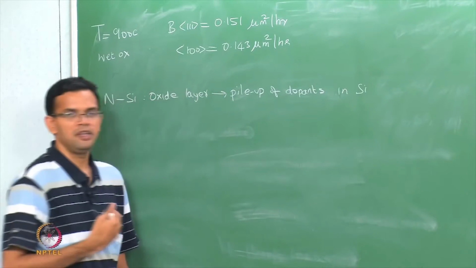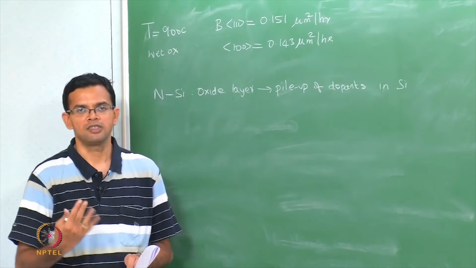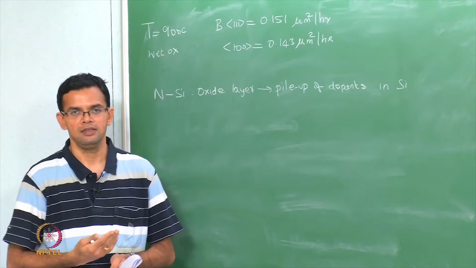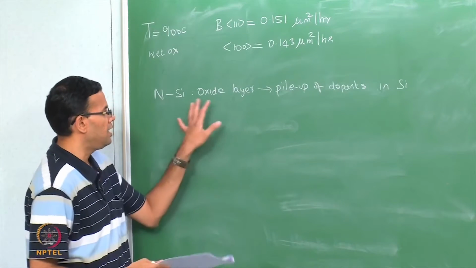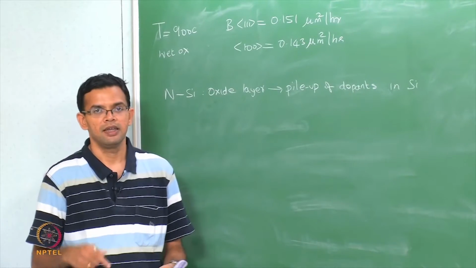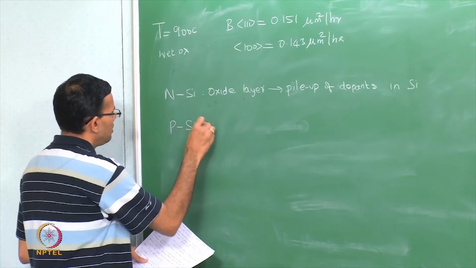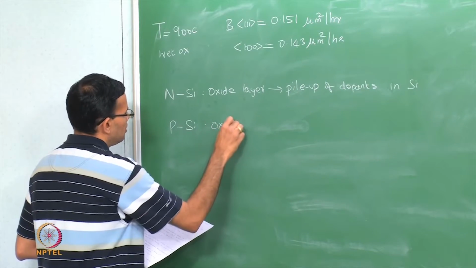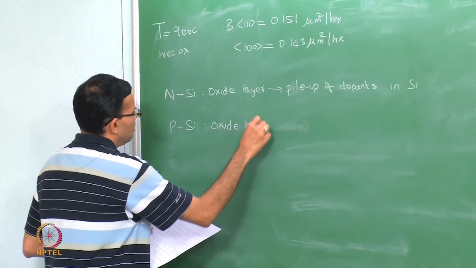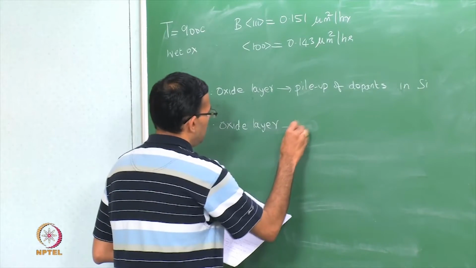This is usually near the silicon dioxide interface. Remember, the oxide layer is consuming the silicon as it grows, so that any dopants there are, if they are n-type, basically get rejected. On the other hand, if you have p-type silicon, the oxide layer as it grows will tend to consume the dopants, so that there is a depletion.